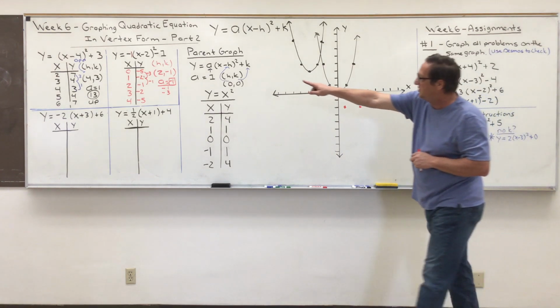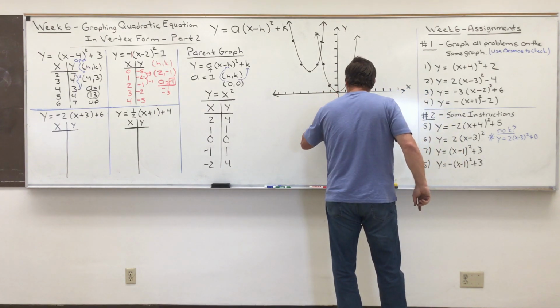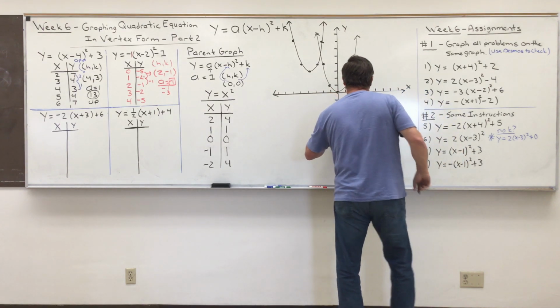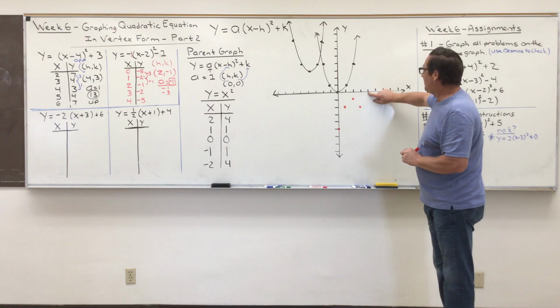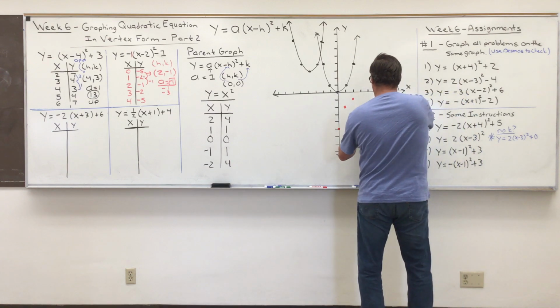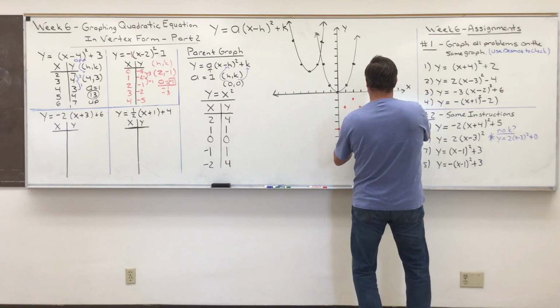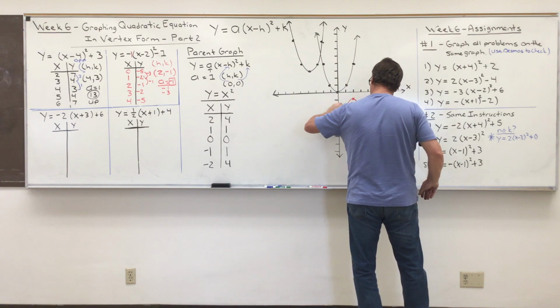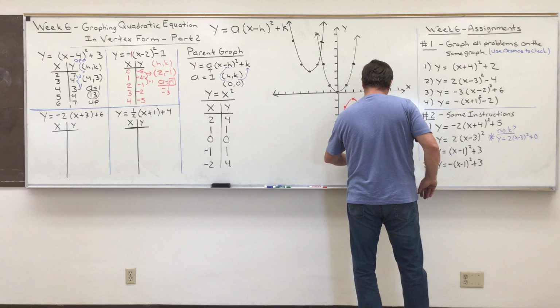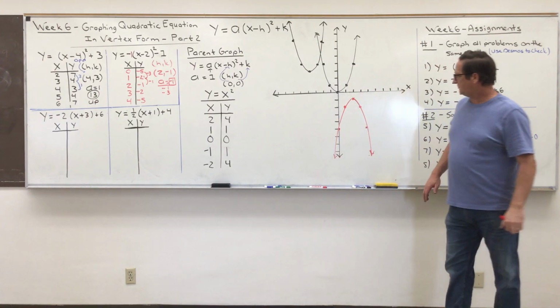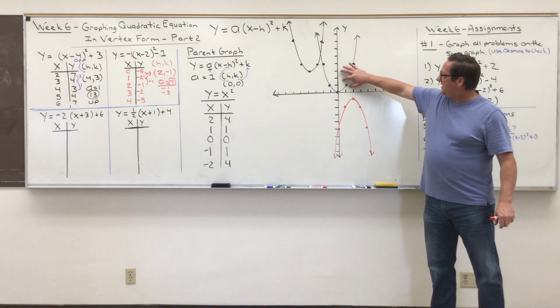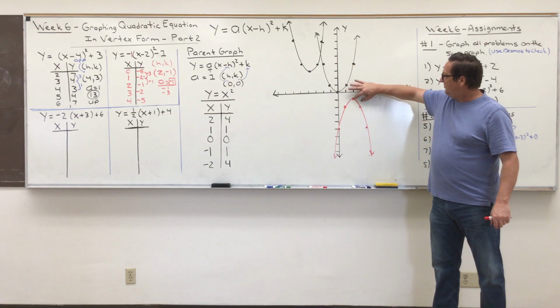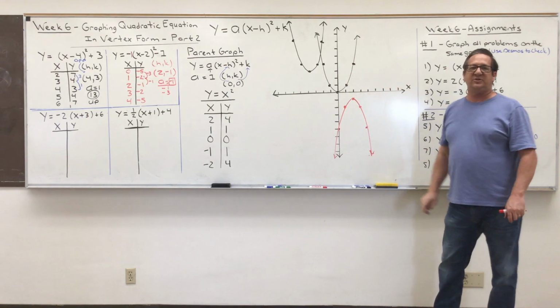All right, let's finish. (0, -5), (4, -5). And we've taken this graph, we've moved it, and we turned it over.